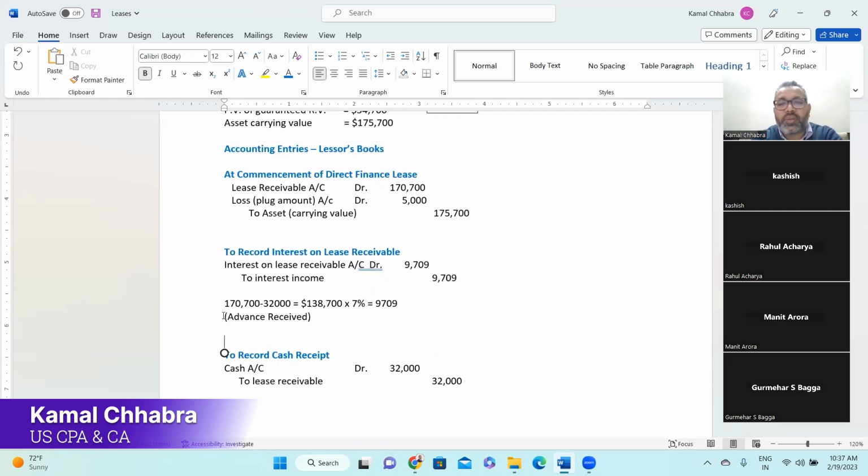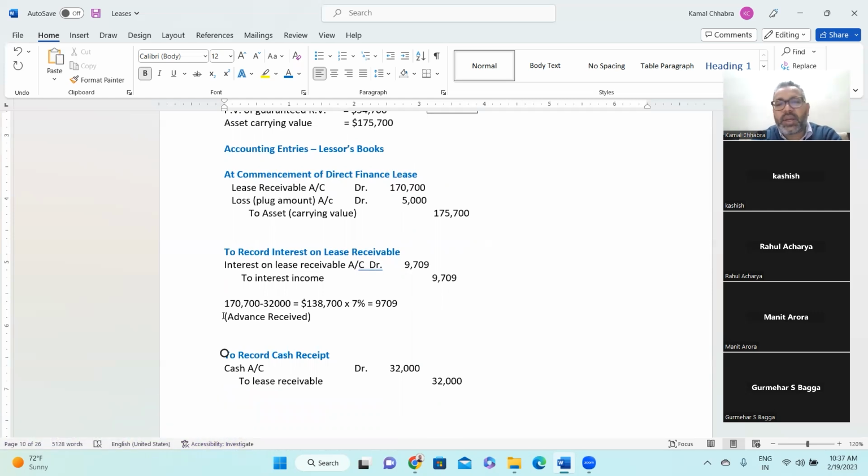So you'll be reducing 32,000 from the total value of the lease receivable. The value which you are expected to receive later is what you need to charge interest on, which is 138,700, and your interest rate given is 7%, right? So interest on lease receivable account, debit to interest income. Here you'll be recognizing interest income of 9,709. Make sense? So far, so good?